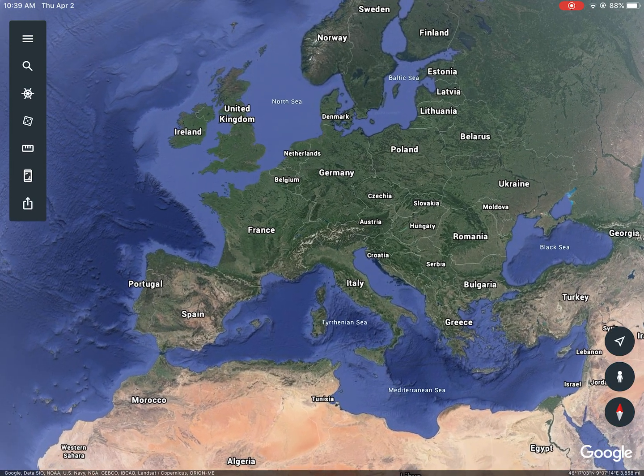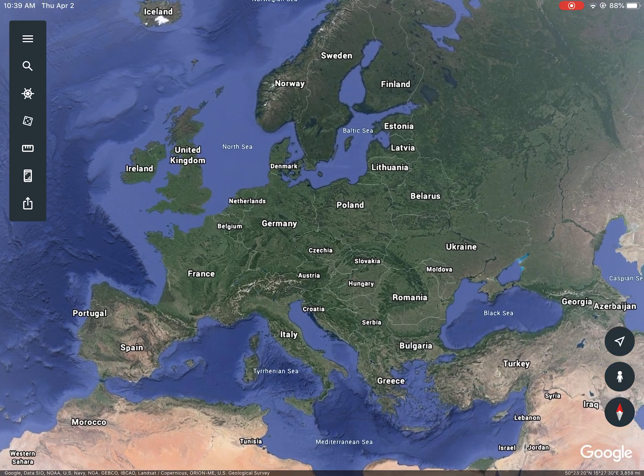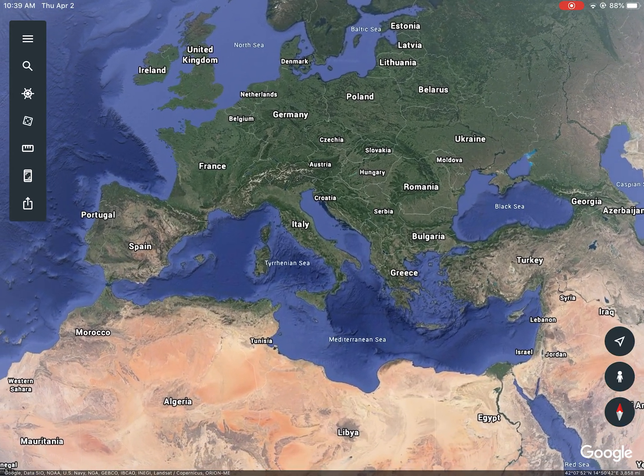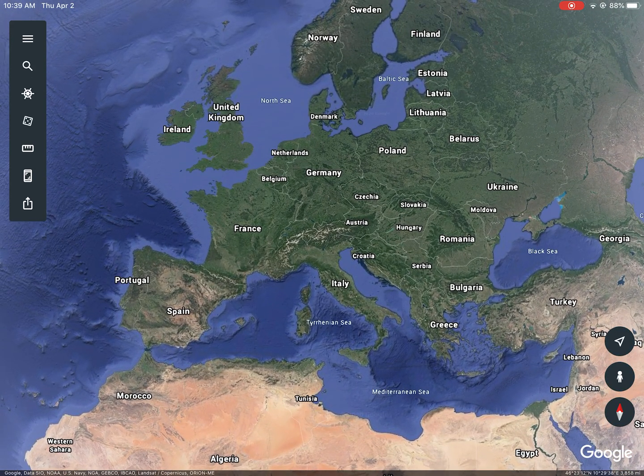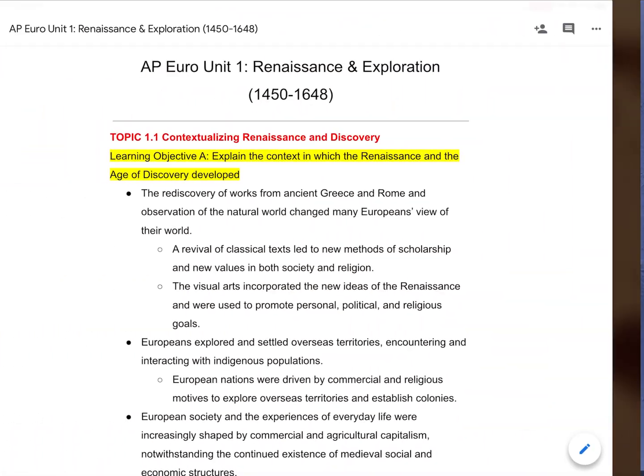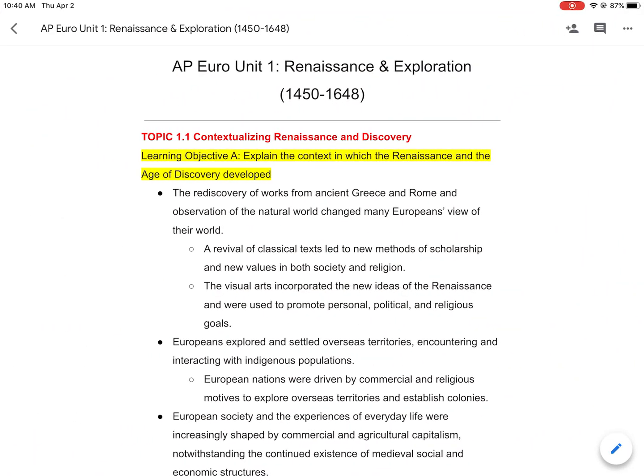And the more geography you know about Europe, the more you'll understand the things that we're talking about. So I encourage my students to learn their geography, and honestly, not just the geography of Europe, but the geography of the world. There's no way to separate geography and history. So I just wanted to point that out and make sure it was clear what we're talking about. I'll be using Google Earth to show you some places that we're talking about.